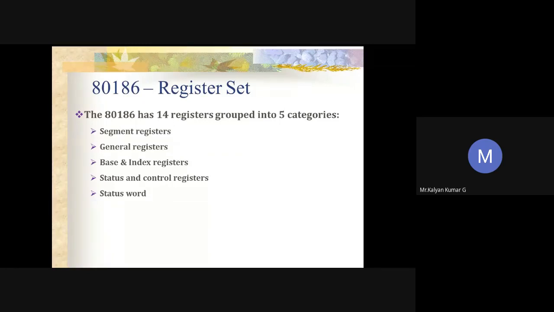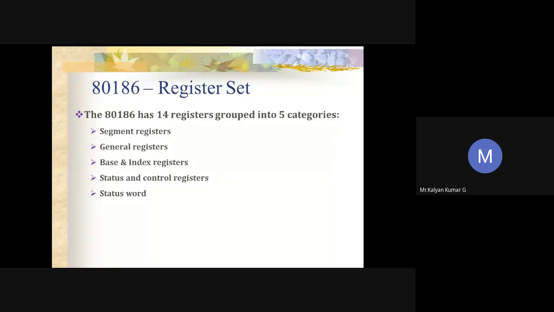First we'll start with the register set, since it's the easiest one to start with. The 80186 has a total of 14 16-bit registers. All the 16-bit registers are grouped into one of these five categories: segment registers, general registers, base and index registers, the status flag, also called the flag register, and control and status registers.